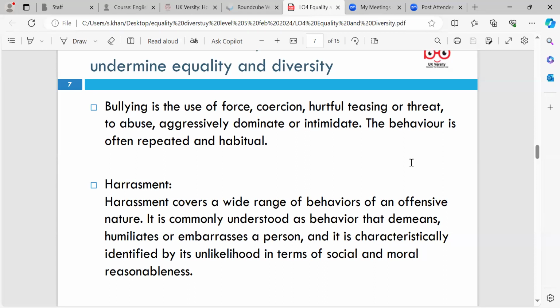And there have been instances where people have taken individuals to court because they've been bullied by managers or co-workers, or someone higher in the hierarchy who has been intimidating, discriminating against and abusive towards them.